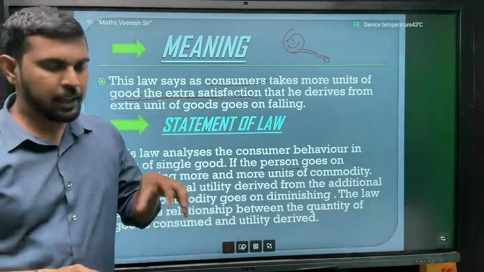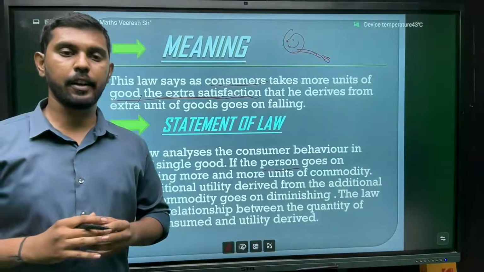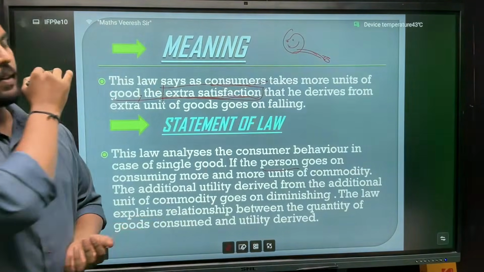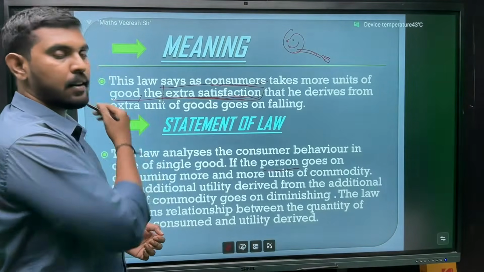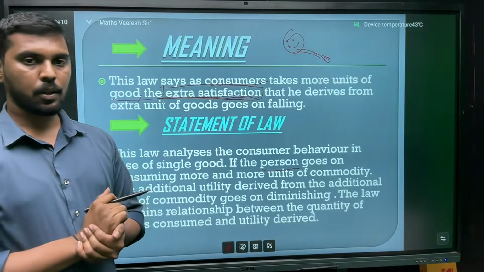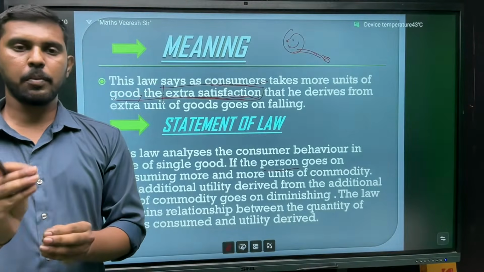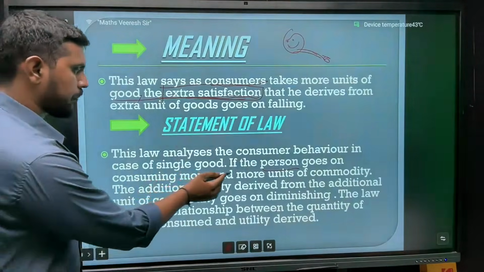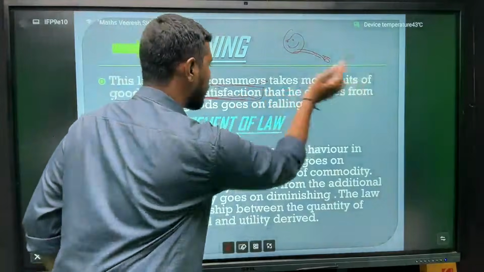So what the law says is that the consumer takes more units of a good for what purpose? This extra satisfaction. He gets extra satisfaction when he derives an extra unit of a good. So the meaning and the law statement are both the same, just a small change between consumer and person. Here, the consumer takes more units of a good.